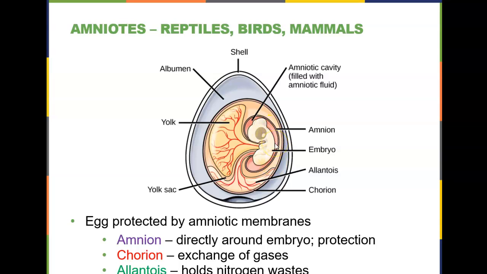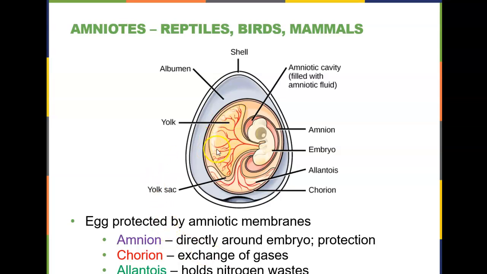It's a fluid-filled sac. Then there is another membrane called the chorion, through which there is an exchange of gases. This is for a bird egg or a reptilian egg. And then lastly, we have the allantois, which holds nitrogen waste products.